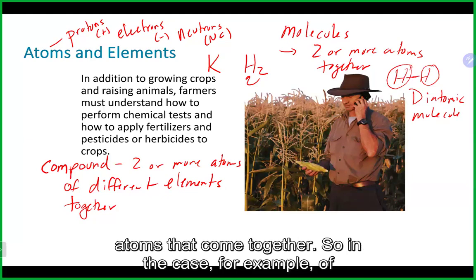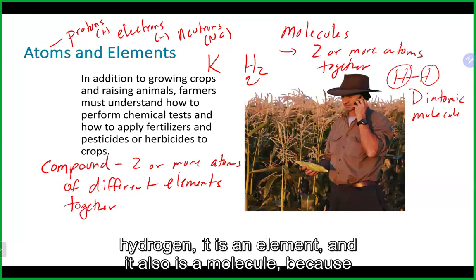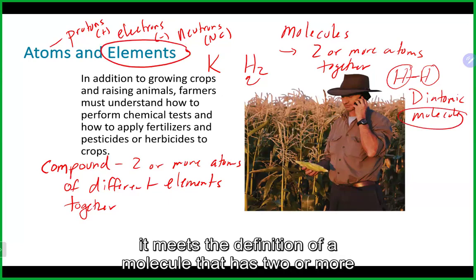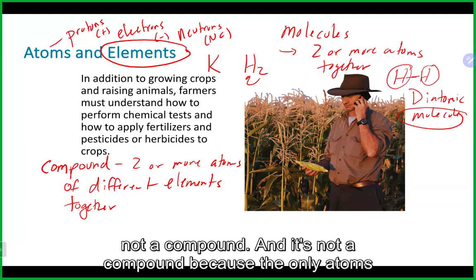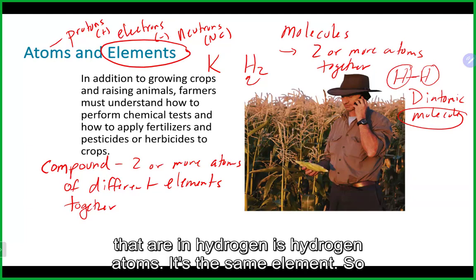So in the case of hydrogen, it is an element, and it also is a molecule because it meets the definition of a molecule: it has 2 or more atoms together. Now, hydrogen H2 is not a compound, because the only atoms in hydrogen are hydrogen atoms.